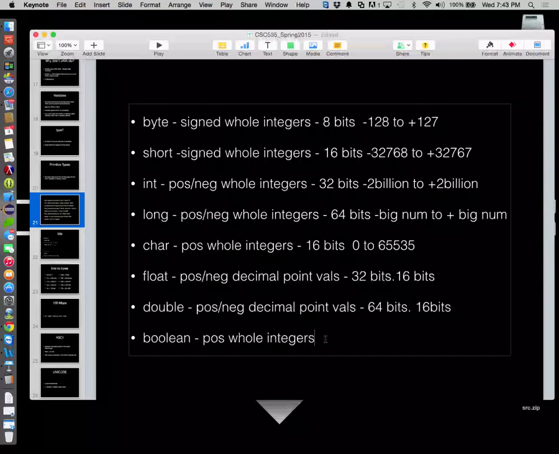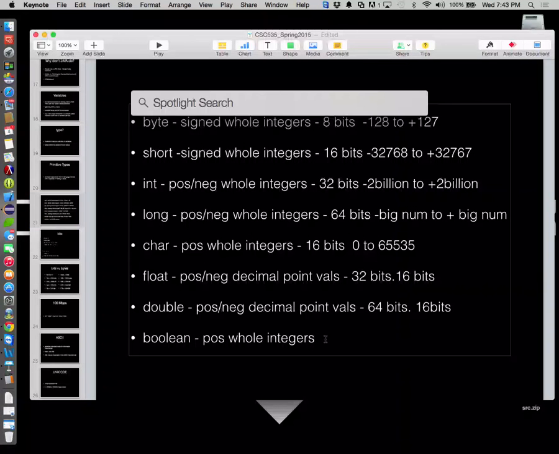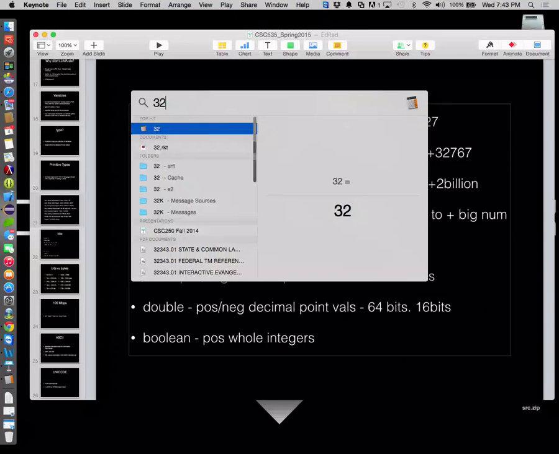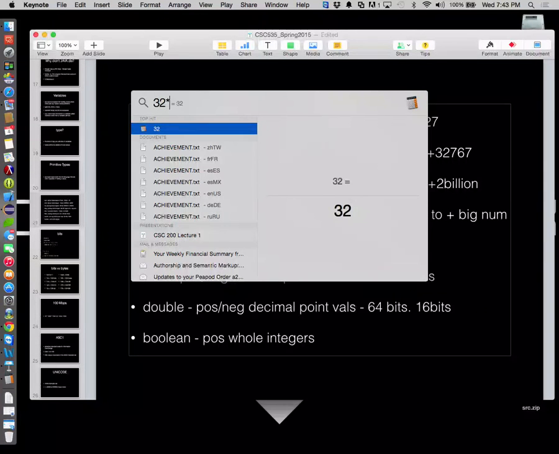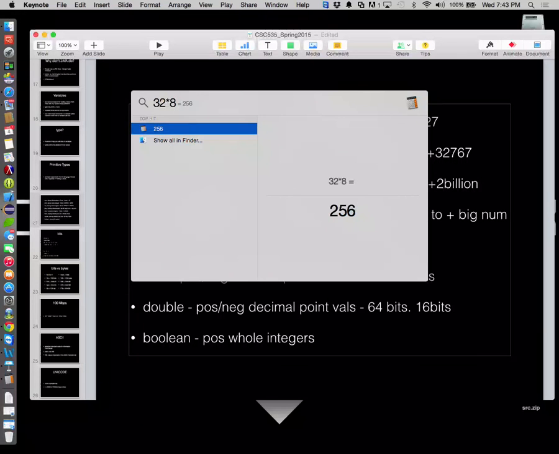If we only have 32 kilobytes of memory, 32 times 8, that's 256 kilobits, right?